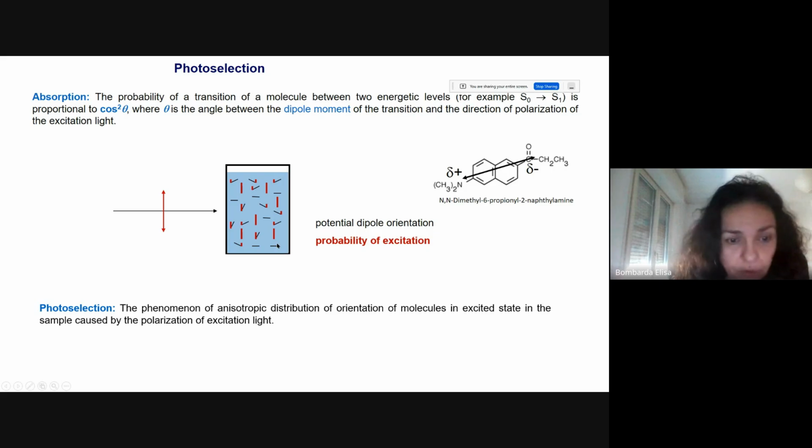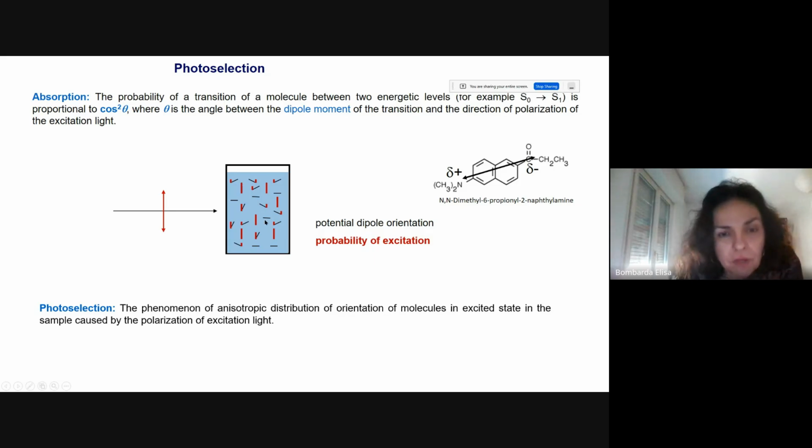Okay, so photoselection is the phenomenon of anisotropic distribution of orientation of molecules in the excited states in this sample, which is caused by the polarization of excitation light.